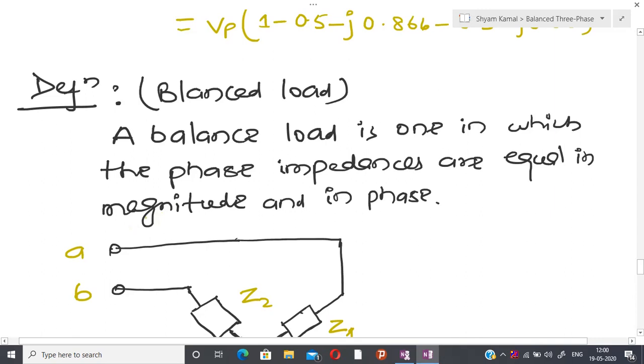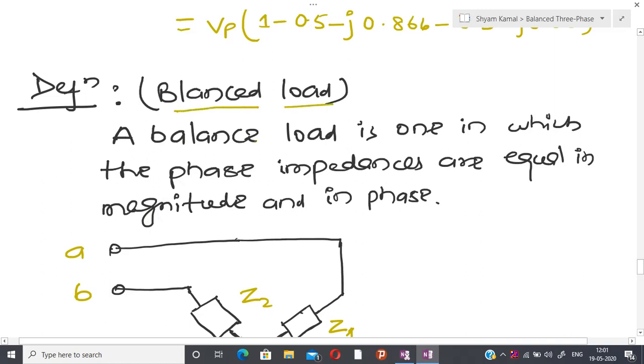So now let us try to understand what is the meaning of the load. Connection of load is basically depending on our requirement. So let us see what are the different possible topologies to represent the load.